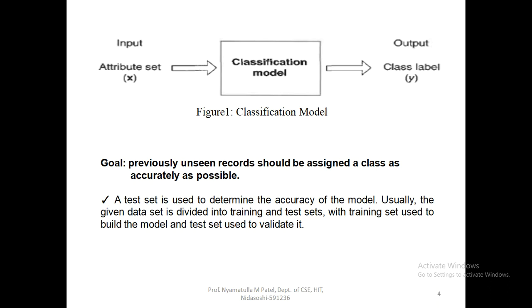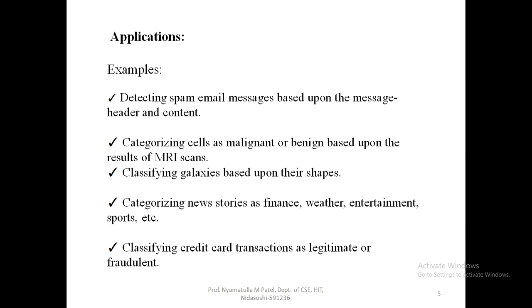Whenever a test input is given to the classification model, it will match with the already present database. Wherever it finds the minimum value, it will match to that class. And that is nothing but validation. So the training set is used to build the model, whereas the test set is used to validate it. This is how a classification model works.